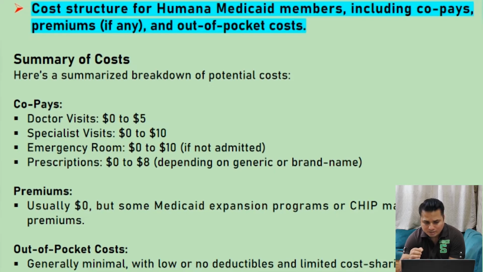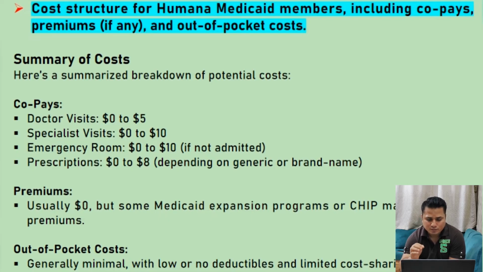Summary of costs. Here is a summarized breakdown of potential costs: copays, doctor's visits $0 to $5, specialist visits $0 to $10, emergency room from $0 to $10 if not admitted.